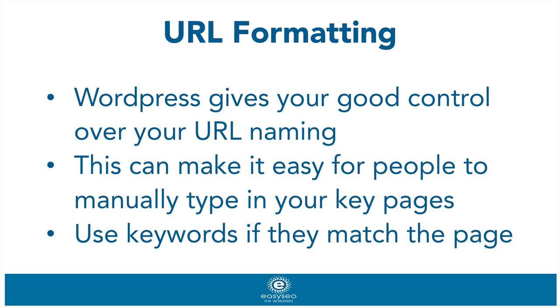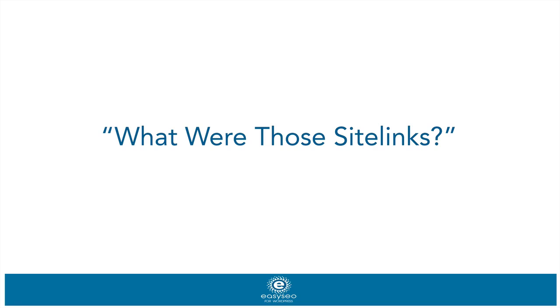And use keywords if they match the page, but don't keyword stuff your URLs, because eventually Google just realizes that you're keyword stuffing and discounts it anyway. So it's not really worth doing.